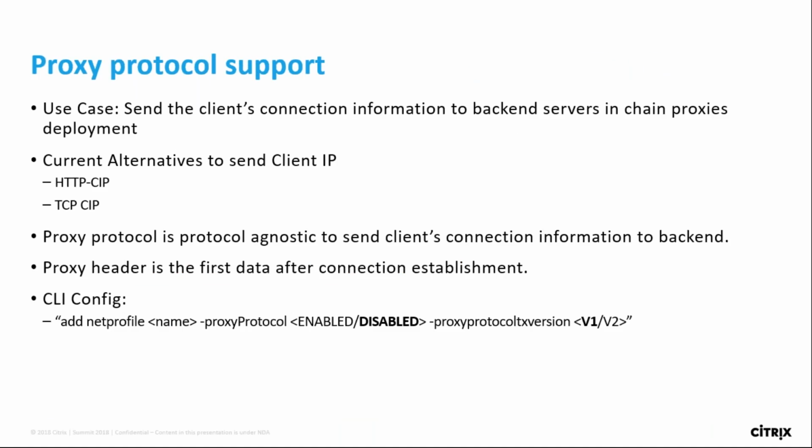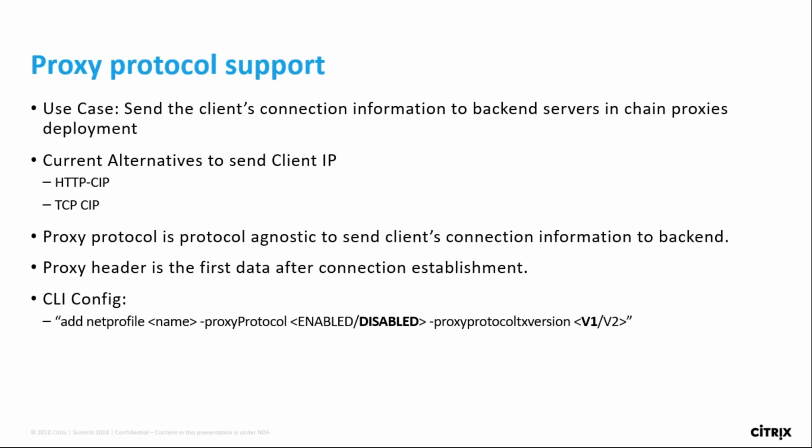We have one more feature which we are introducing in 13.0, that is proxy protocol support. Why do you need proxy protocol support? When there is a chain of proxy deployment and you need to know the client IP from where traffic has originated at the application server end, that is sometimes impossible with the normal deployment, because proxies will give their own address, and it is very difficult to get the client IP.